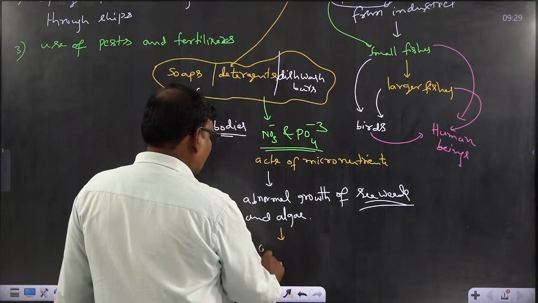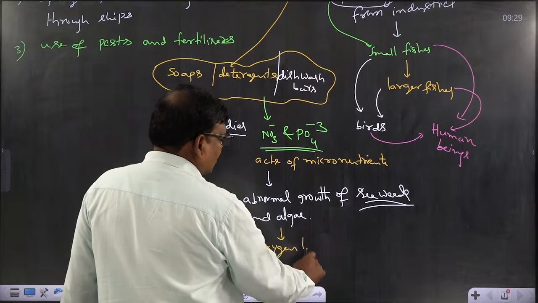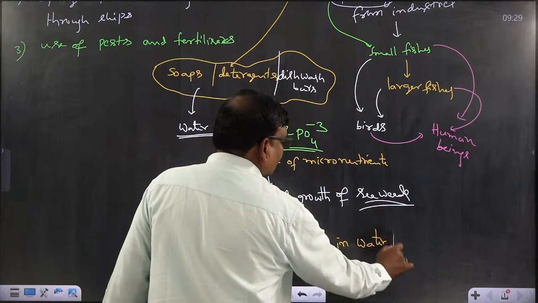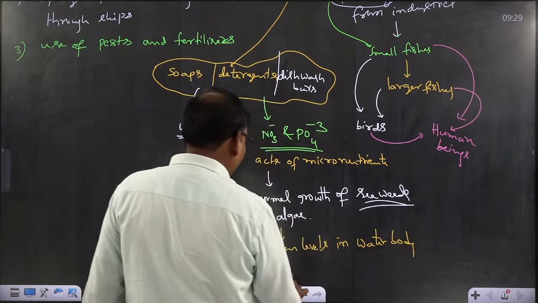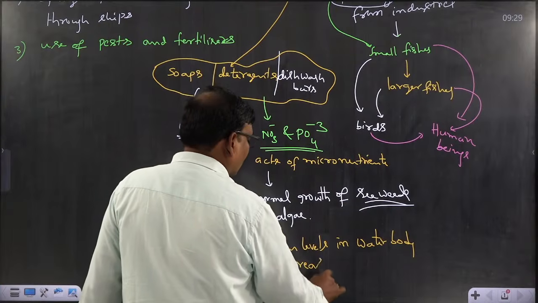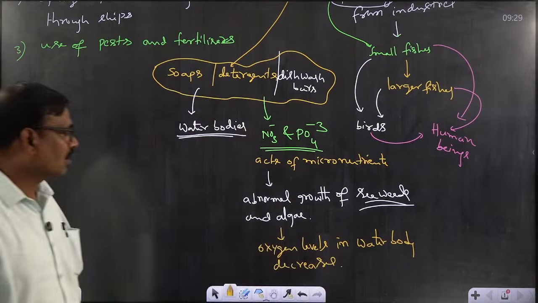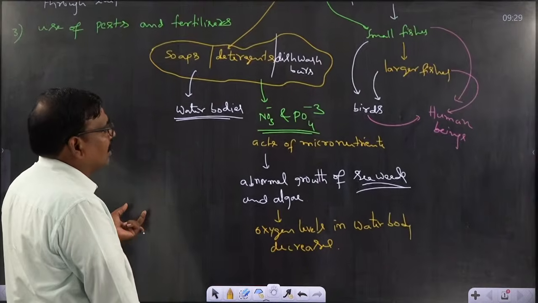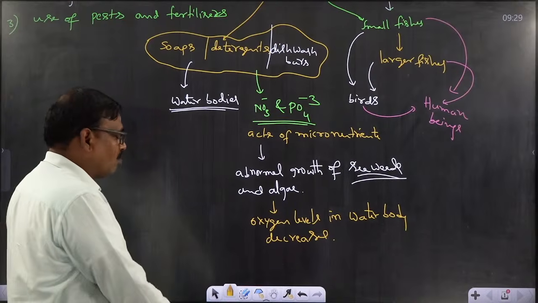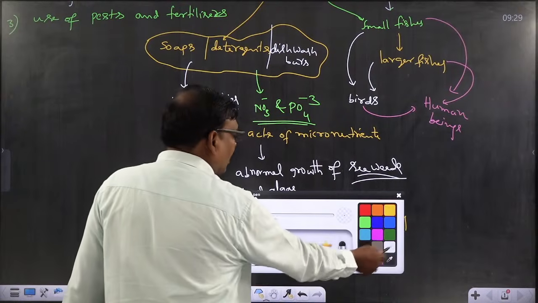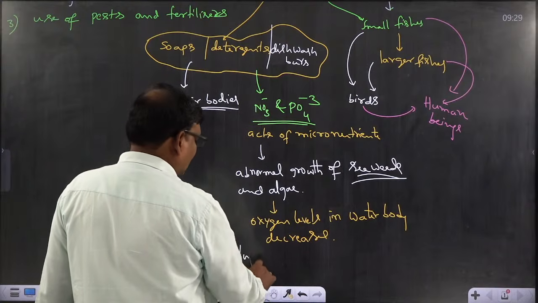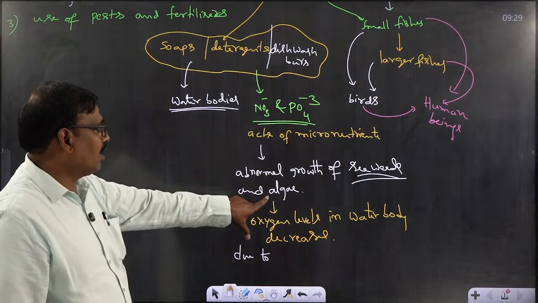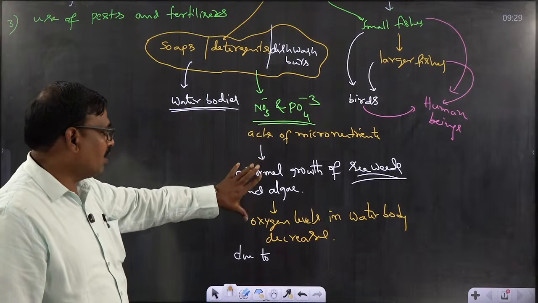As a result, oxygen levels in the water body decrease. Fishes and other aquatic life, mainly fishes, are present in the water body. Due to the lack of oxygen, because of the abnormal growth of these seaweeds and algae, the oxygen levels in the water body decrease.